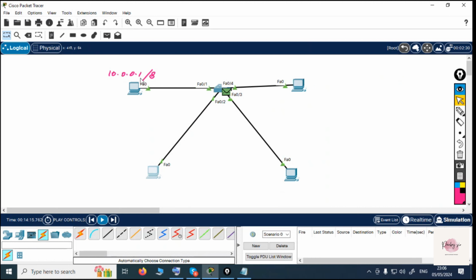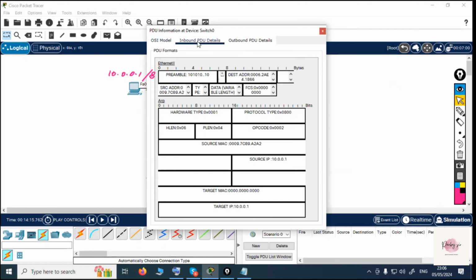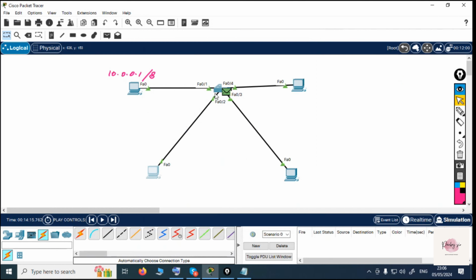This PC is replying back that my IP address is 10.0.0.1 and my MAC address is this. Source IP is 10.0.0.1 and source MAC is this. Okay? So what will happen when it reaches here? Now it has reached here.